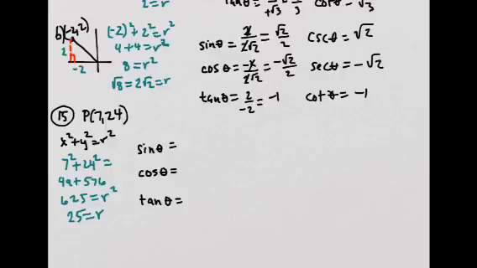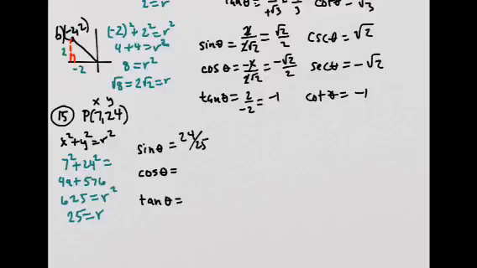Alright, so 15, notice I did not draw the triangle. I just used x squared plus y squared equals r squared, knowing that r will always be positive. And so it turns out that r is 25 after going through the Pythagorean theorem. So sine theta is y over r, and remember this is x, this is y, so 24 over 25.